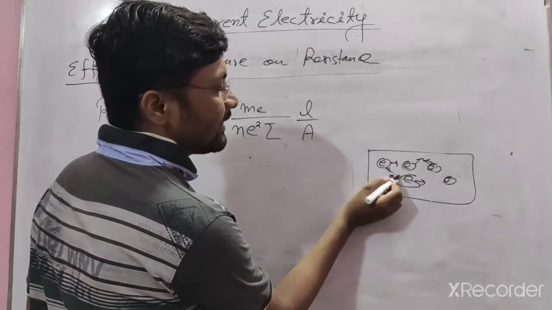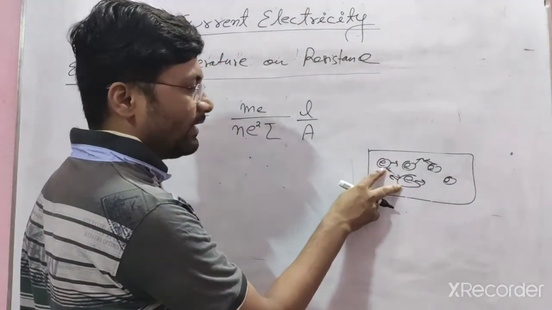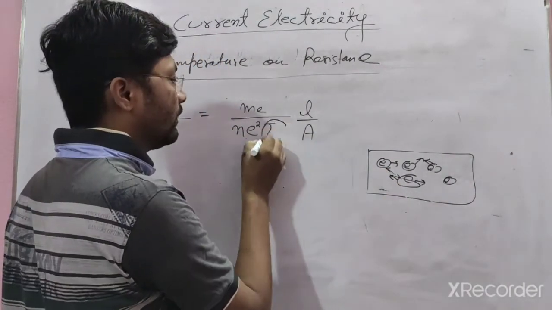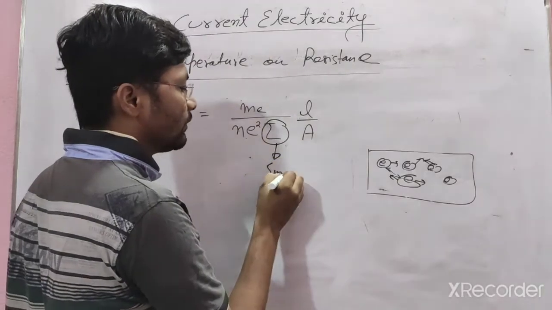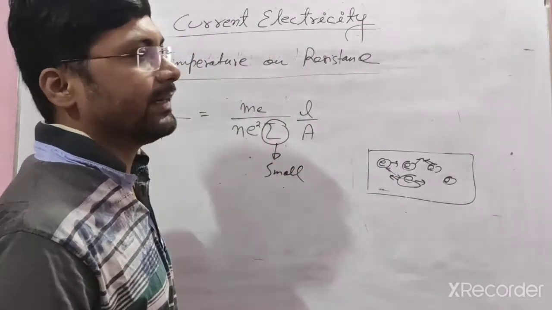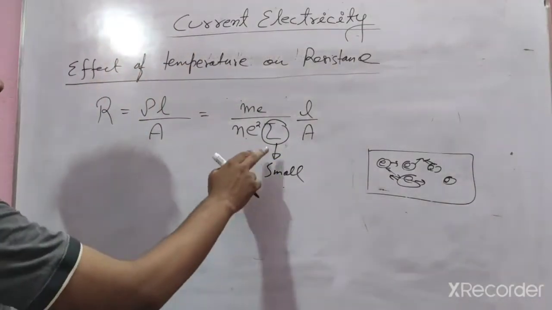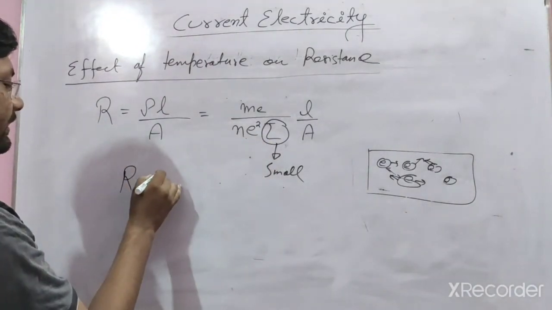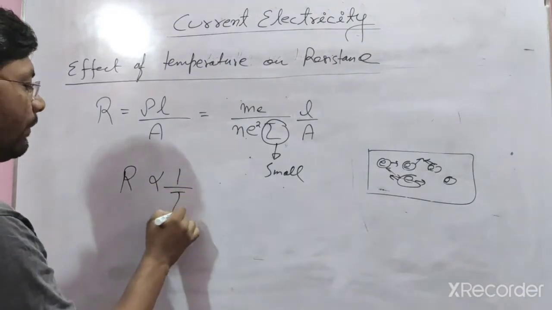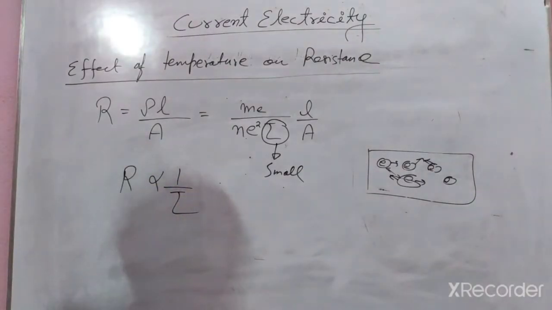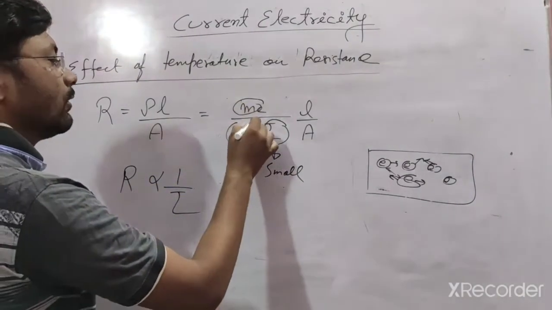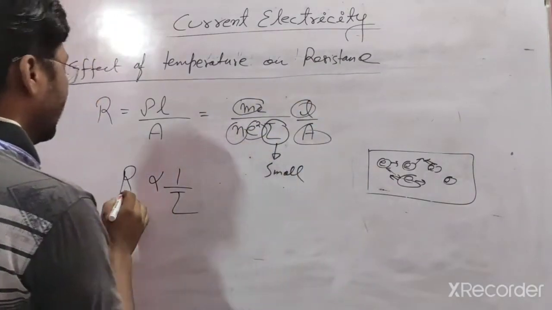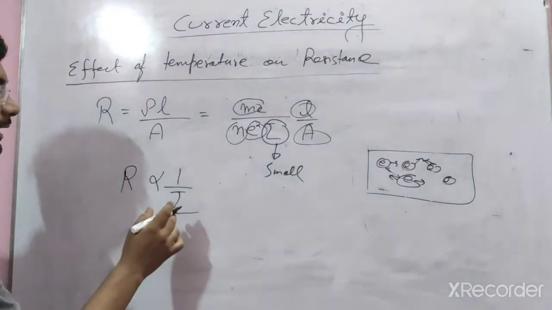So the successive time period between their collisions, the relaxation time, will become small. When you increase the temperature of the conductor, the relaxation time decreases, and we can say that resistance is proportional to 1 by relaxation time, keeping the other quantities constant. So you get R proportional to 1 by tau.